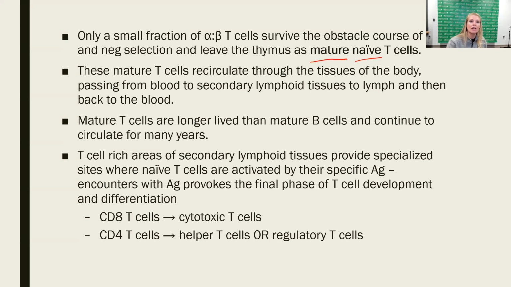There are certain areas of the secondary lymphoid tissue that contain more T cells than other areas, where they hang out more often than not. We call these T cell rich areas.